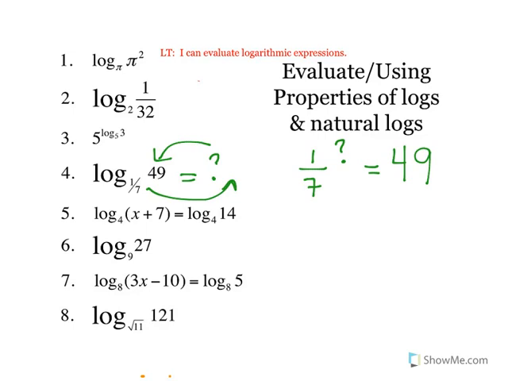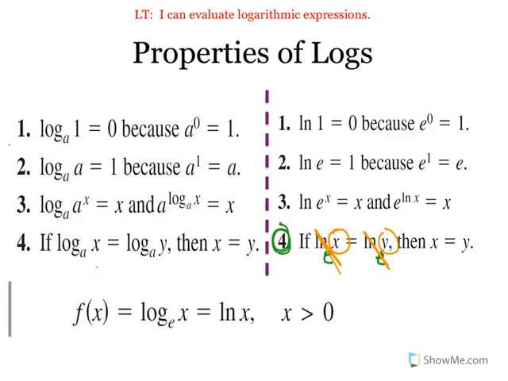Okay. And now here we are again. We're dealing with a fraction raised to a power, or a fraction and some power somewhere within the problem. You can do this a couple different ways. You can either rewrite 49 as a fraction, or my suggestion would be rewrite 1/7 using a negative exponent. Okay.